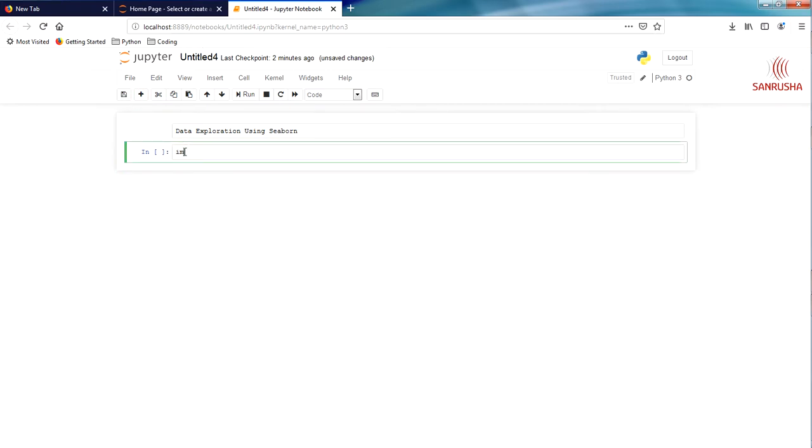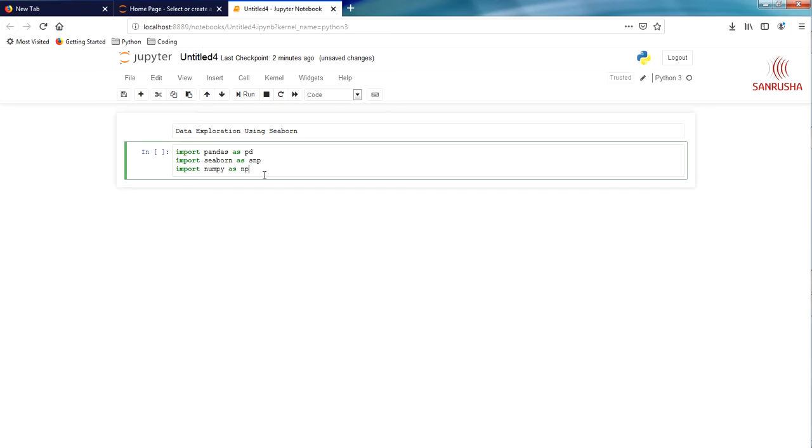Let's import the libraries. Of course, the first library is going to be pandas as pd, and import seaborn as sns, and let's import numpy as np. Three main libraries.